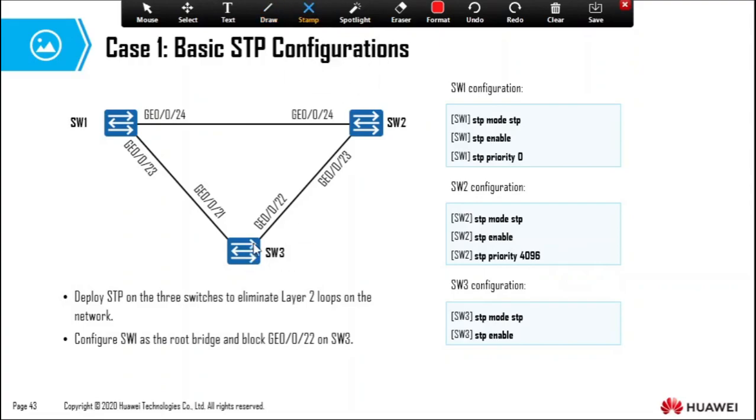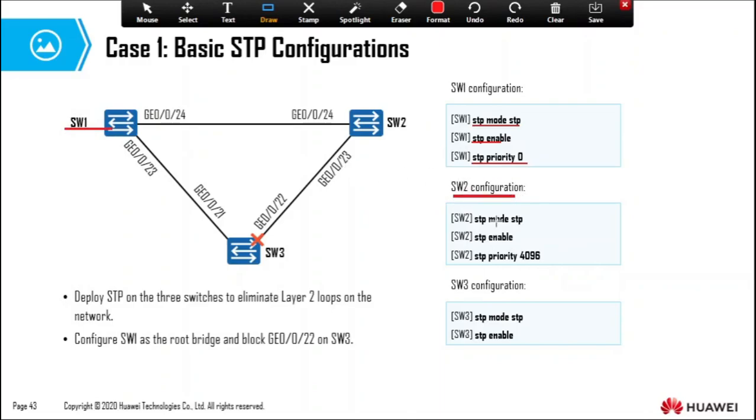So to do that, on switch number 1, we will choose the STP mode to be STP, enable STP, then set the priority to 0. If we set the priority to 0, we know that this switch will be elected as the root.